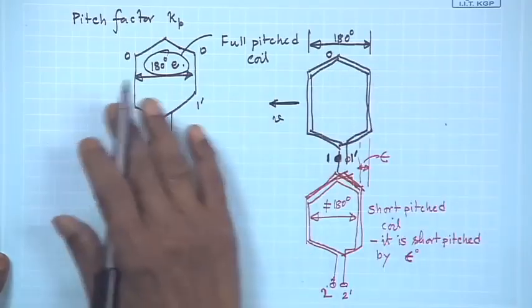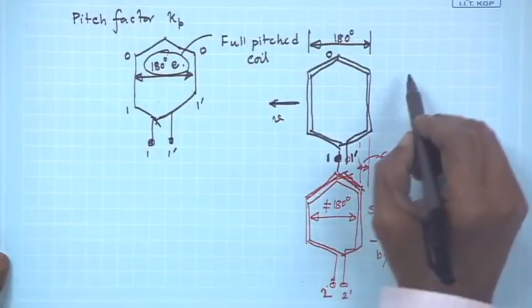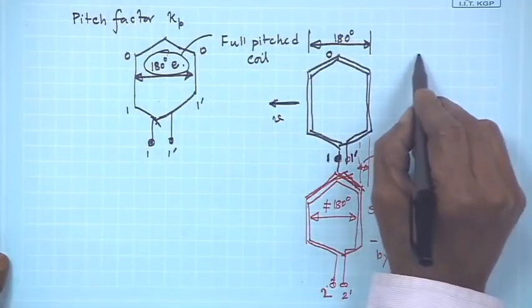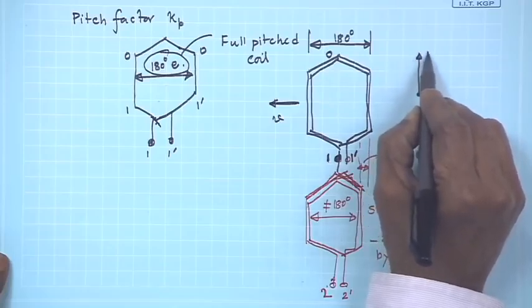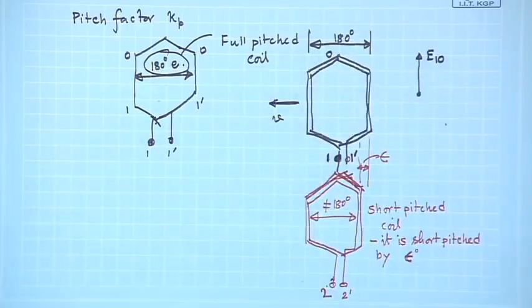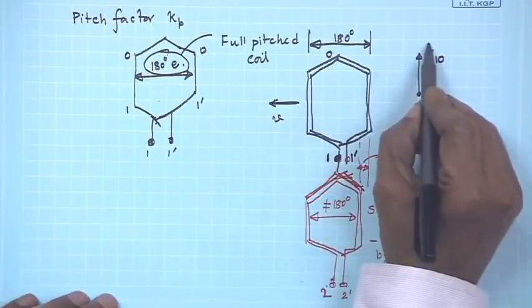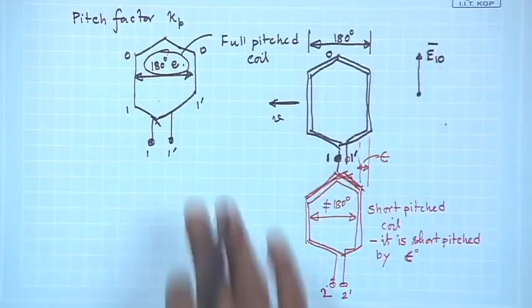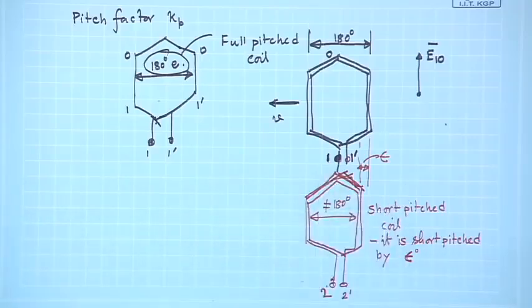with velocity v, fields are above and below, south, north, etc. So, suppose I say this is the E 1 O voltage. Where will be the E 1 dash O phasor? Sinusoidal voltage distribution, so that it will be sinusoidal only, time varying, we know that.